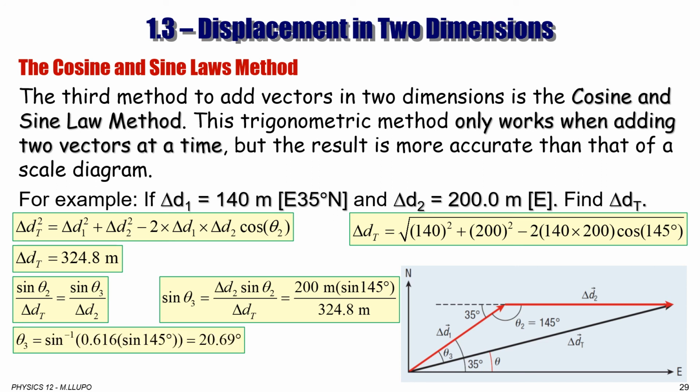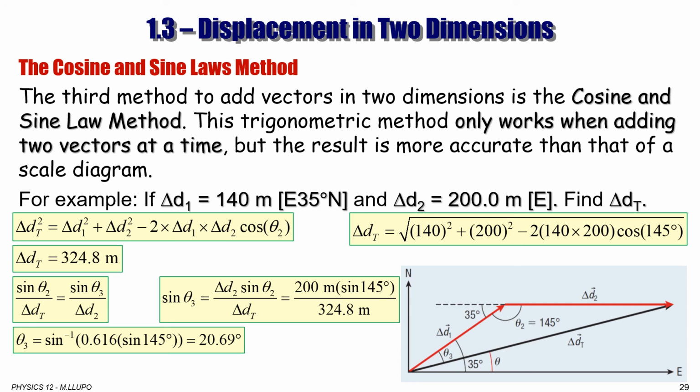Then we're looking for theta, not sine. Theta is sine -1 of 0.616, which we get by dividing 200 times sine 145 by 324.8, that is equal to 20.69 degree. You can try your calculator and do it yourself.